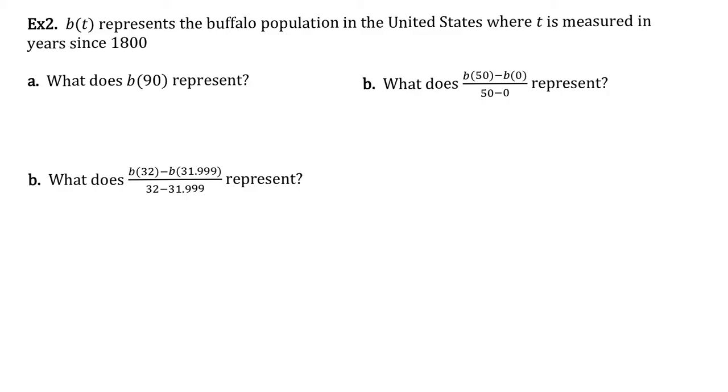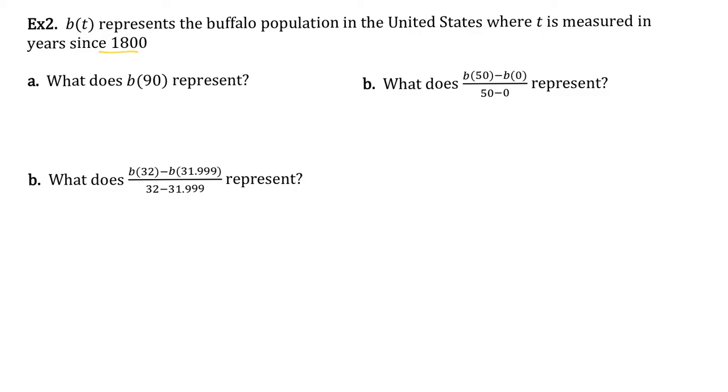Now we're just going to practice interpreting the information given by a function and its rate of change. B of t represents the buffalo population in the United States, where t is measured in years since 1800. The first question is, what does B of 90 represent? At t equals 90, 90 is the time in years past 1800, so that's 1890.